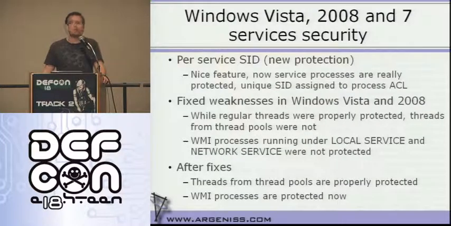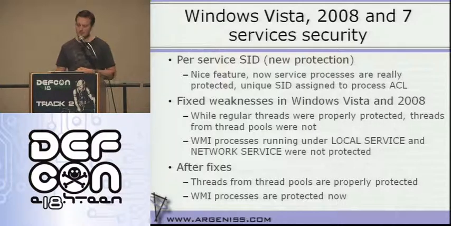On Windows Vista 2008 and Windows 7, one of the new protections added by Microsoft is called per-service SID. This is a really good protection. Basically, they put a special ACL in the process object.